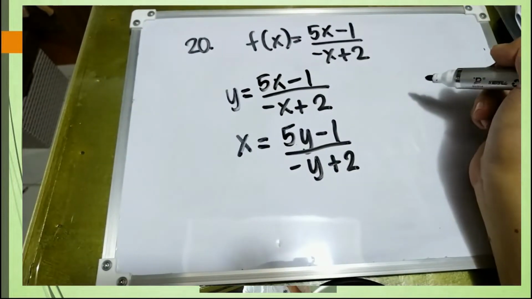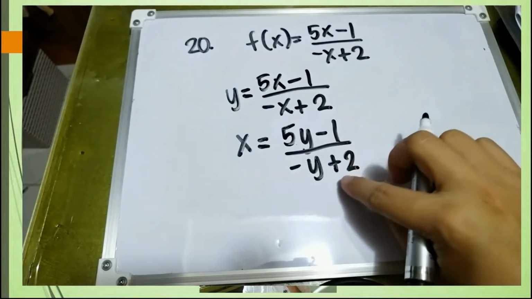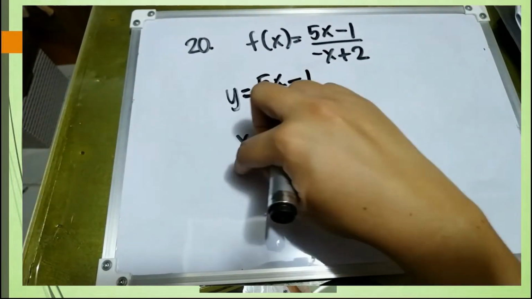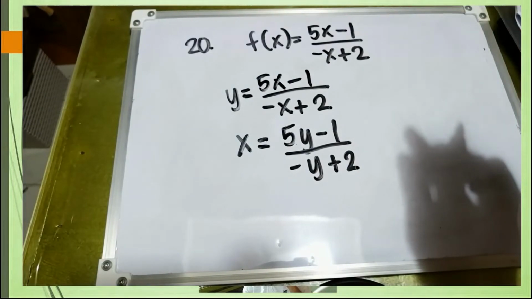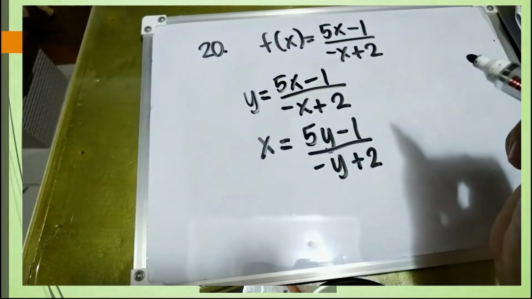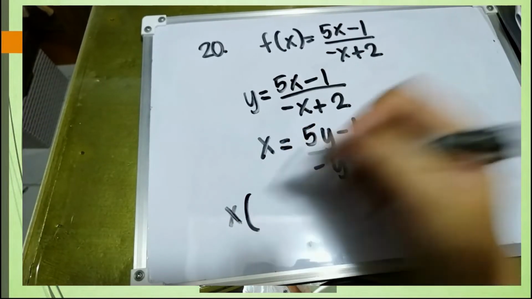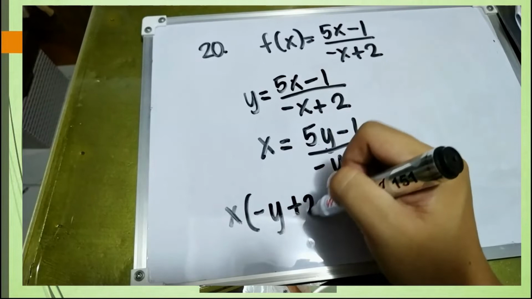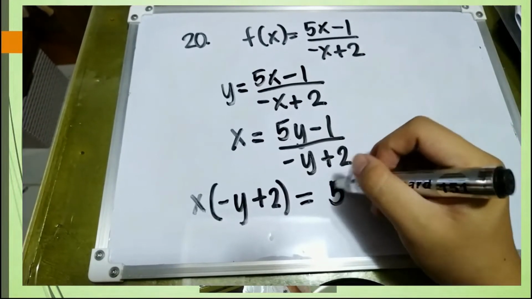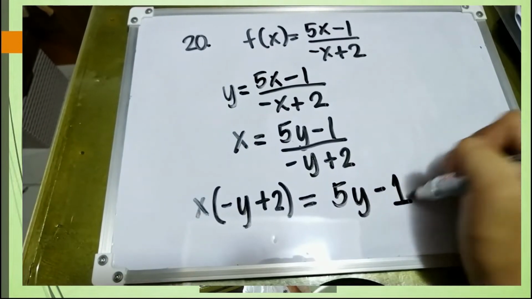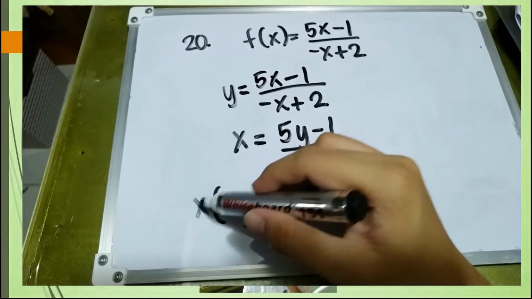Then after this one, you're going to multiply both sides of the equation by negative y plus 2. After that we're going to distribute the x.